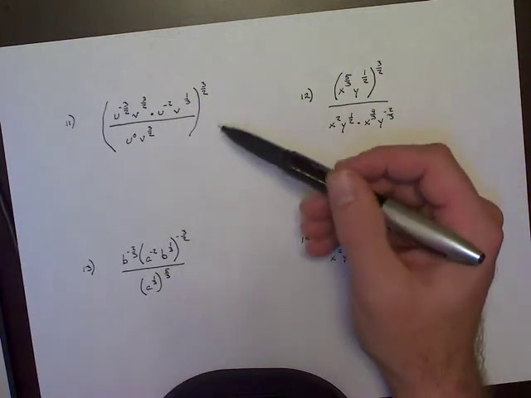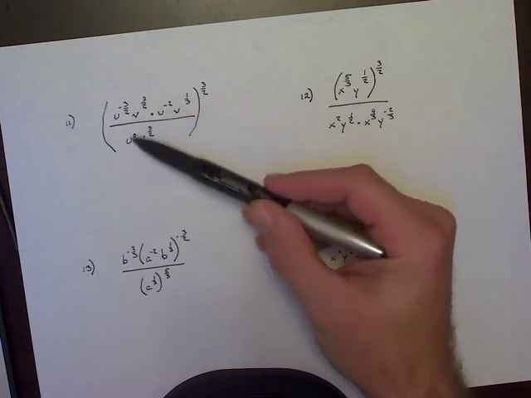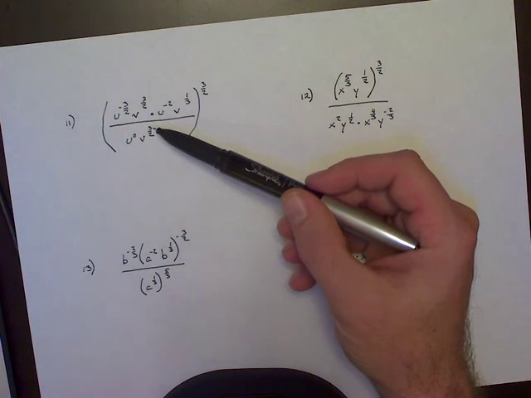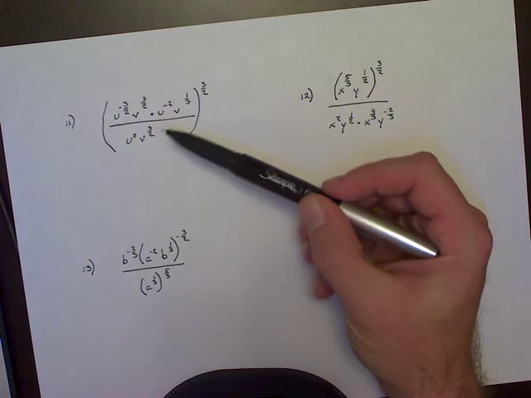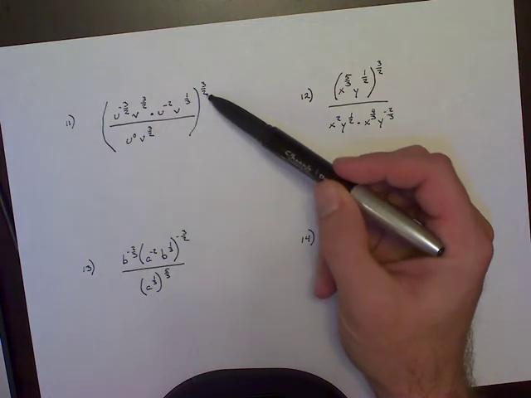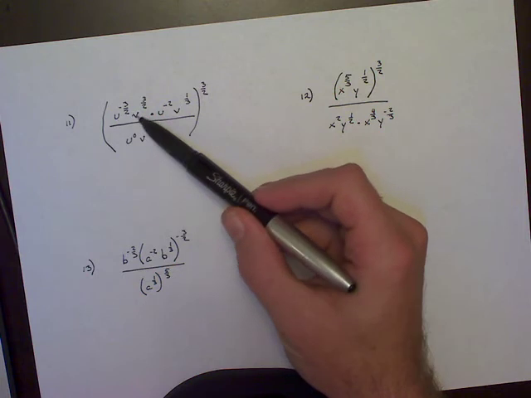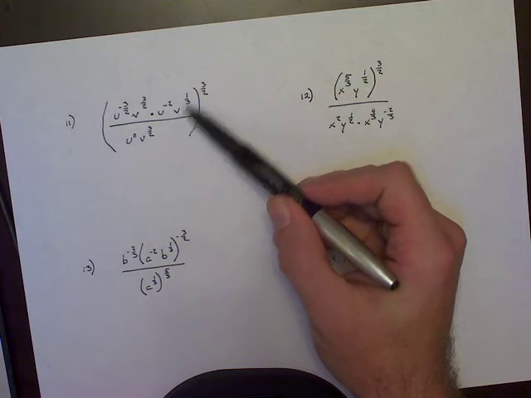Alright, so we're just going to go back to our main rules here, and again, I want you to work on simplifying what's inside the parentheses before you actually worry about this number up here. So again, we've got u to the negative 3/2, v to the 3/2, u to the negative 2, and v to the 1/3.